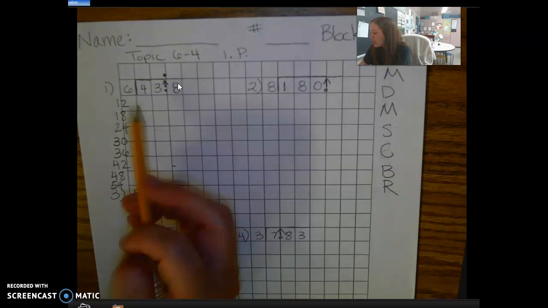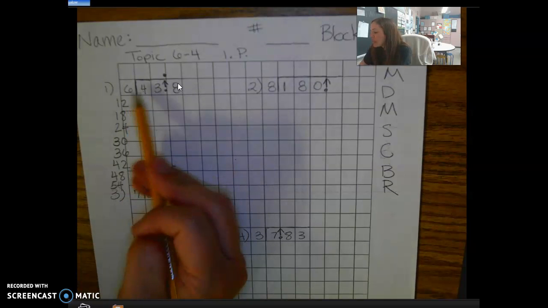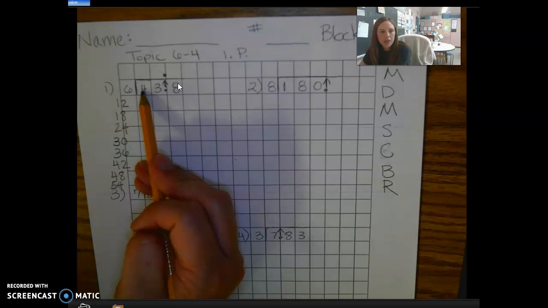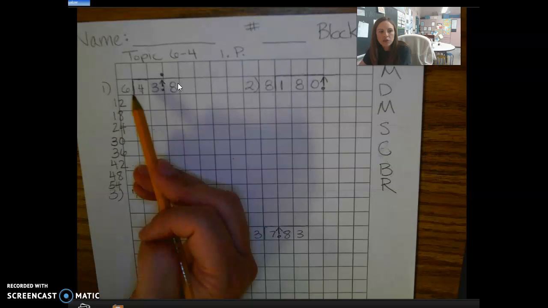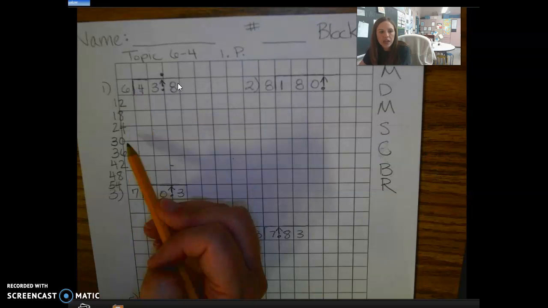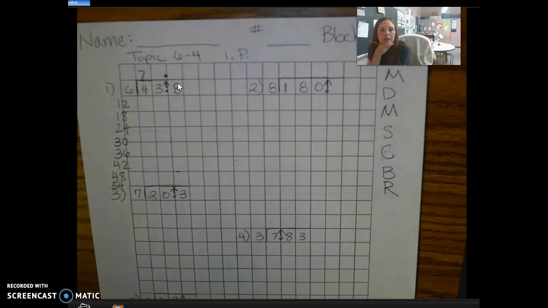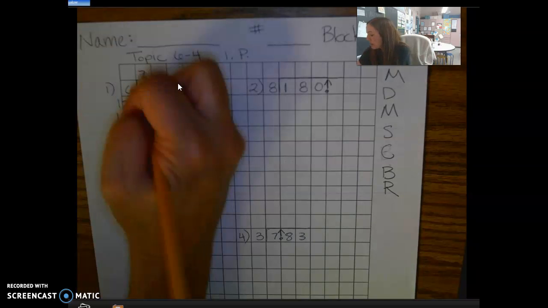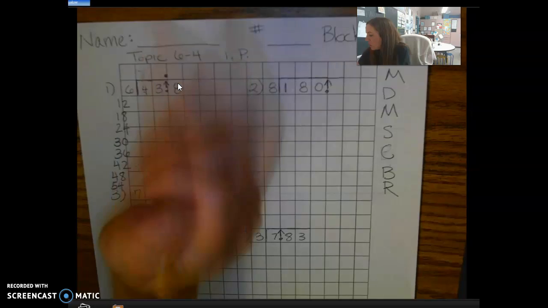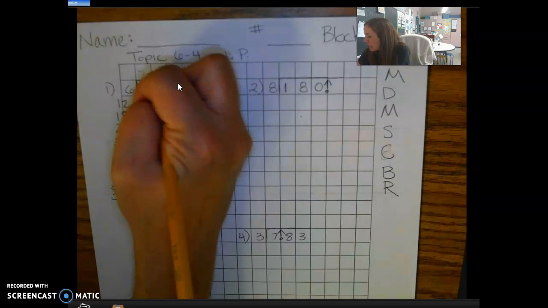Now, we always need to take this one step at a time. What I noticed is a lot of us were saying, oh, 6 goes into 43 7 times, I'm going to put my 7 right there. No, that is not where we put our 7. If we're dividing 43, we need to make sure we're putting the 7 above the 3.